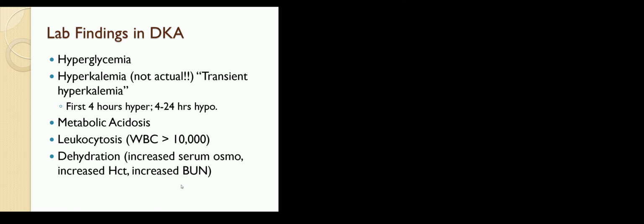And then between hours 4 and 24, as you are starting insulin, because what's insulin do? Insulin takes potassium back into the cell, and it does that pretty rapidly. So where you originally started out with hyperkalemia, once you start that insulin drip, you're going to go to hypokalemia pretty quick, usually within 4 to 24 hours.